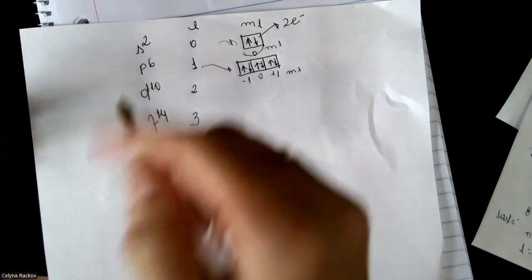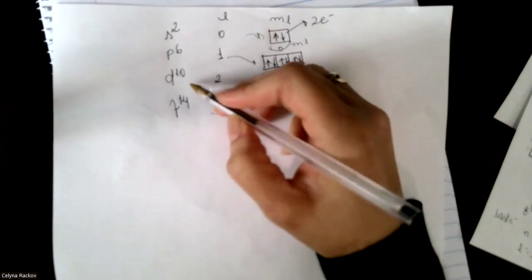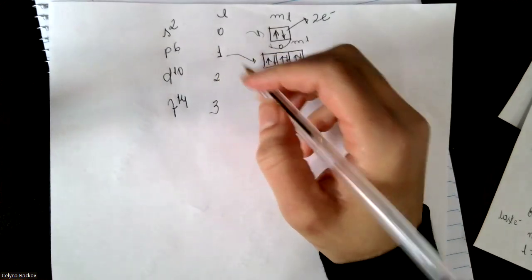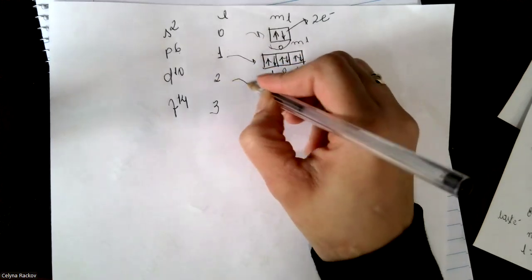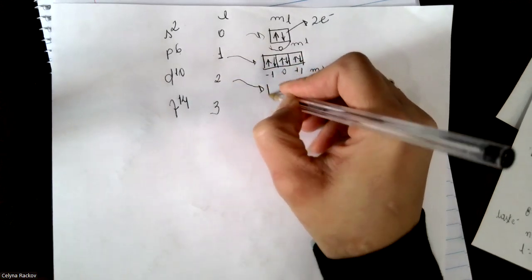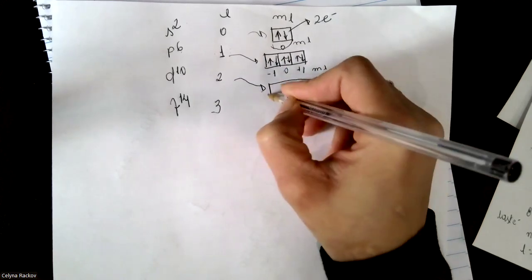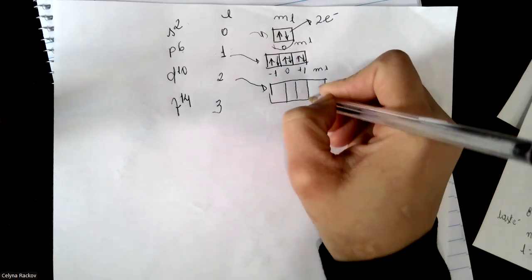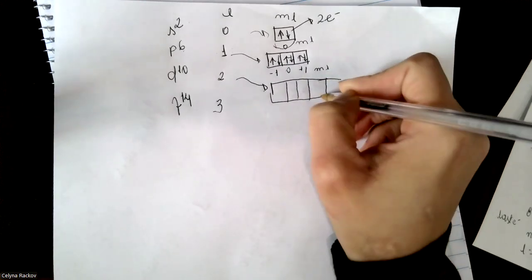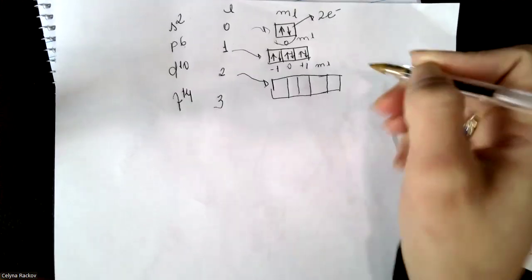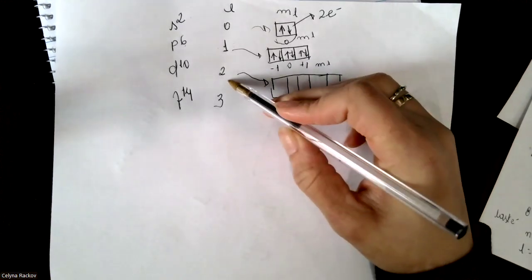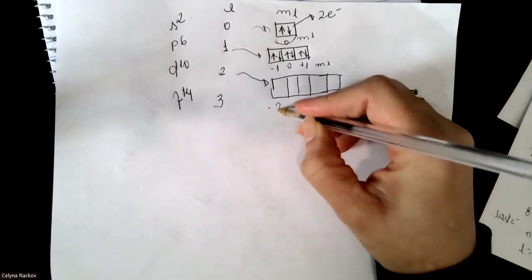Okay, so D can hold up to 10 electrons. So how many orbitals should we have here? For D, for 10 electrons, 10 divided by 2, so 5 orbitals. And what's going to be the range for MEL? The number 2 indicates it's going to be from -2 to +2.